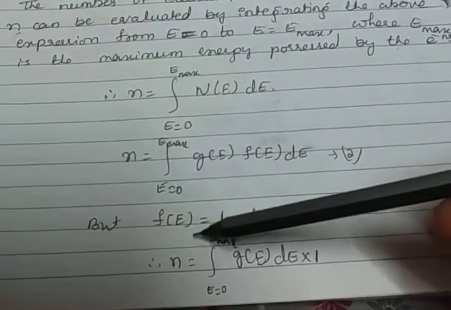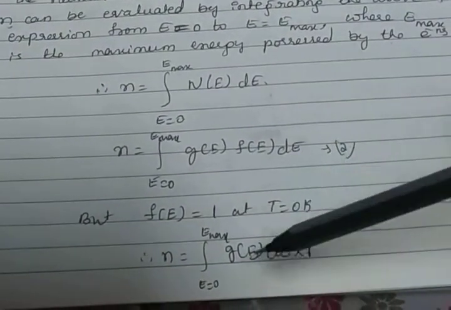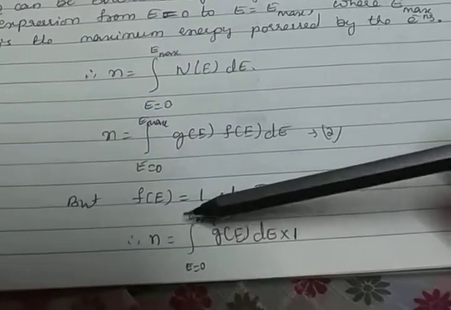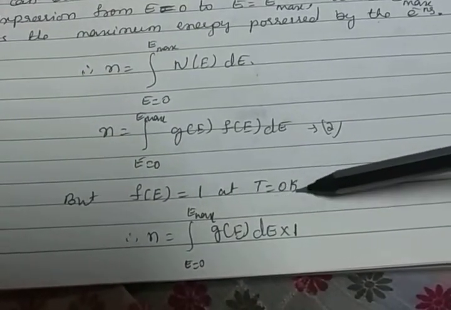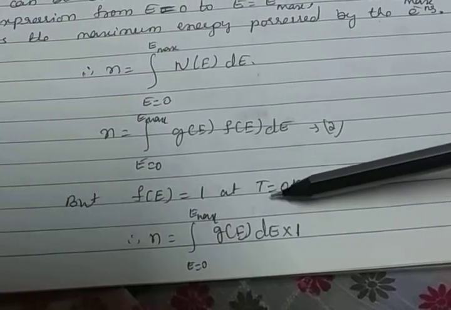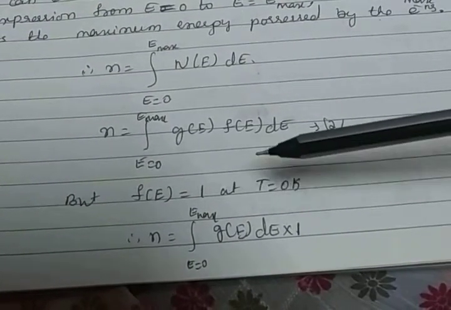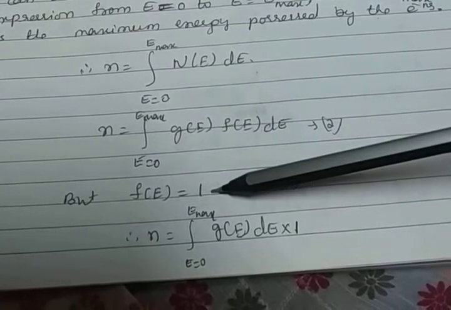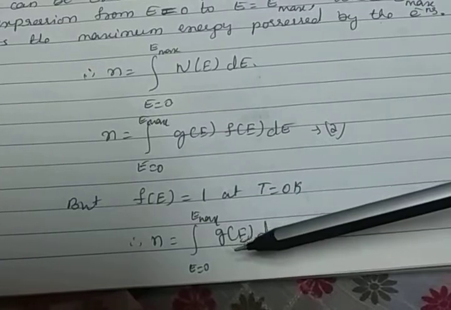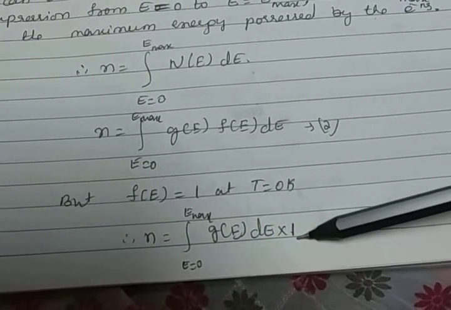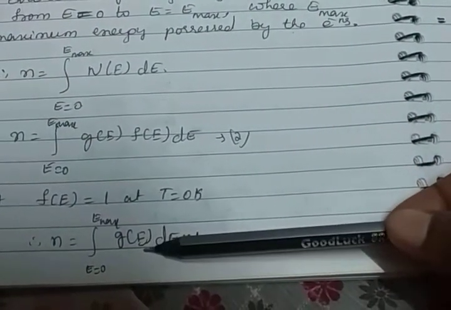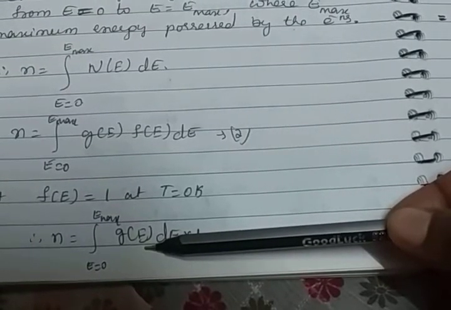Next, F of E, the probability of occupation, is equal to 1 at temperature 0 Kelvin. Applying this condition to the above equation, it is nothing but G of E dE into 1. G of E is the density of states, which we have already derived.